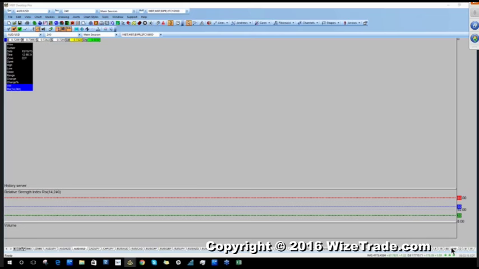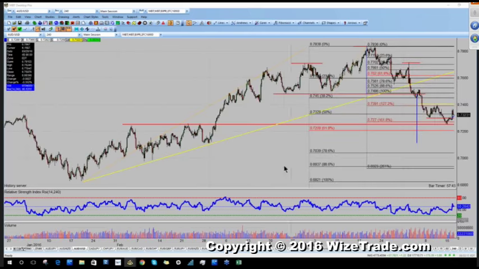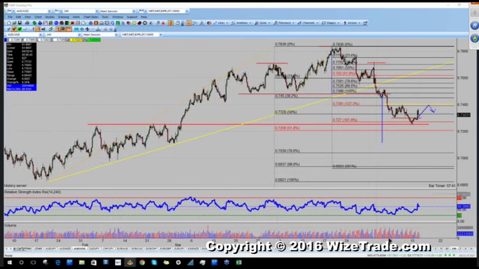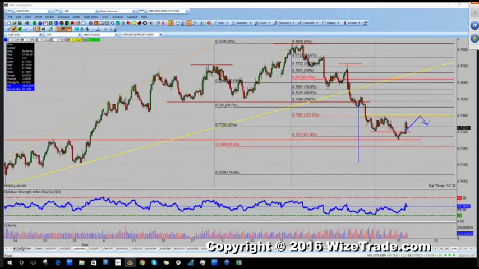Now, obviously, it's the policy meeting minutes too, so it's not necessarily fresh comments. And if you look at the Chinese data that came out over the weekend, one might say, well, I hear what the RBA is saying, but if China continues to slow down, I don't know if the RBA is going to have much of a choice.